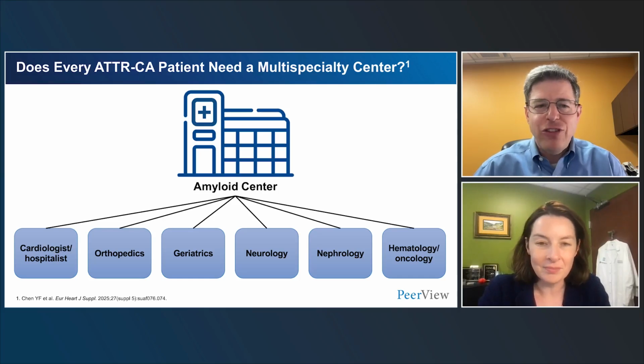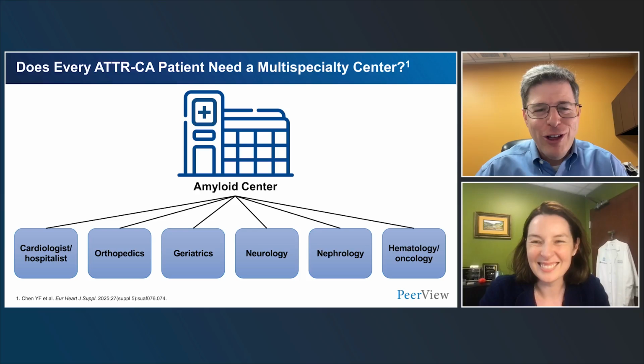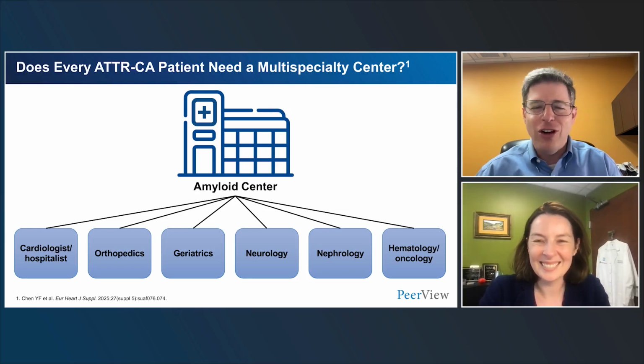All right. Well, now I'd like to ask the question: does every ATTR cardiac amyloidosis patient need a multi-specialty center? I think it's in vogue to say yes. And the two of us both co-direct large amyloid centers, so I suppose we should say yes. But I would actually argue the answer is probably no for ATTR amyloidosis.